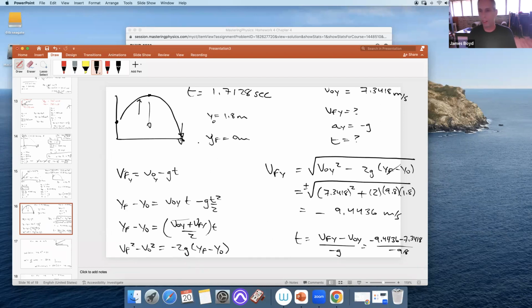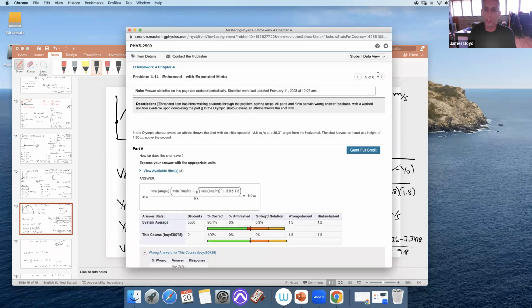Well, they were different last time too, but it actually becomes a pain. You got to do some extra step to find your time. And it's up to you what that step is. Either do a quadratic, do the time up and the time down, or do the V final. If you do the V final like I did, the one problem you might have is the negative sign on the V final. Make sure you know it's negative.